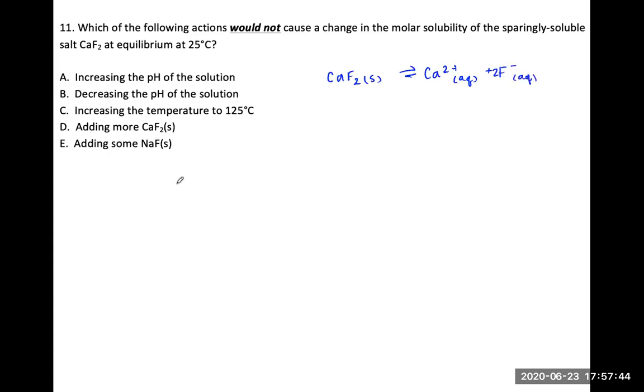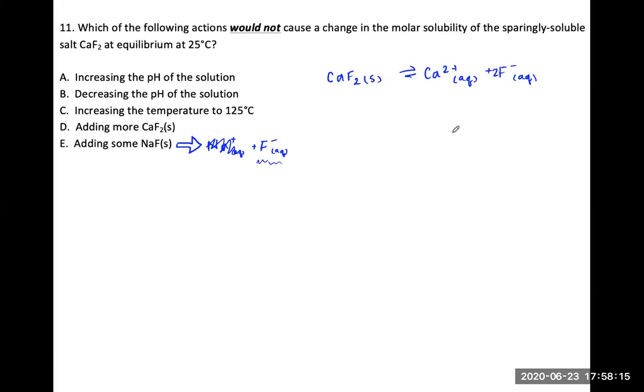Okay, so looking at E, adding in sodium fluoride, we know that sodium fluoride is going to completely dissolve and dissociate into sodium ions and fluoride ions. So sodium ions don't appear anywhere in the equilibrium that we're interested in, but fluoride ions do.